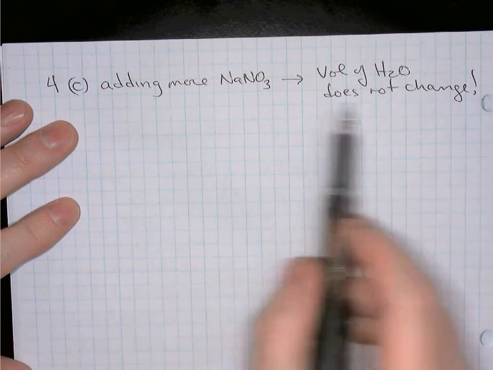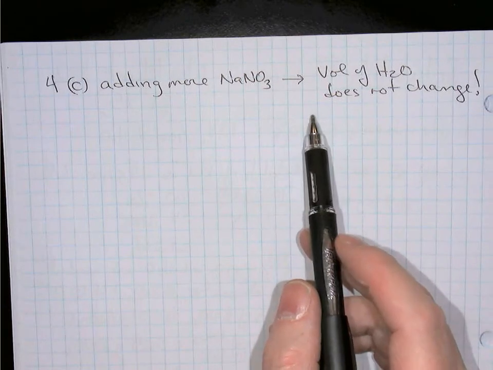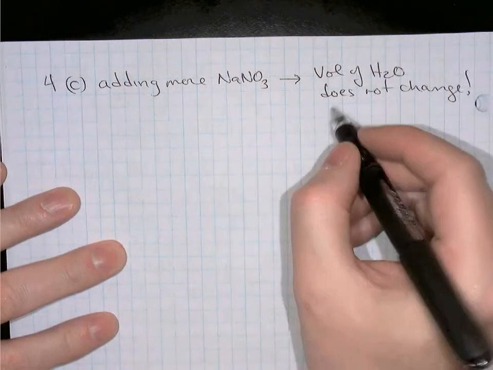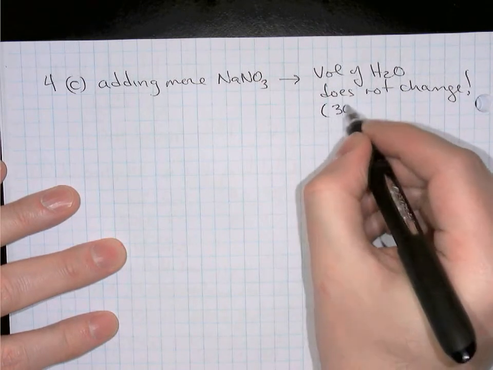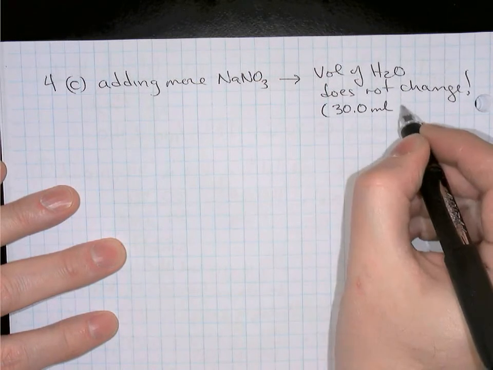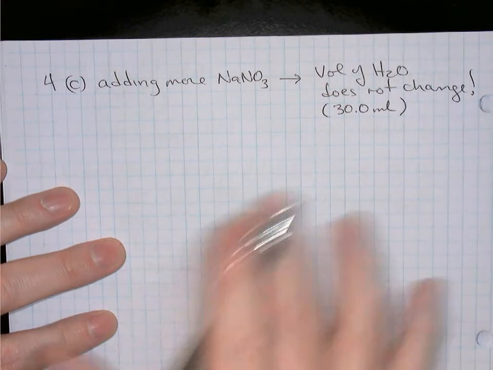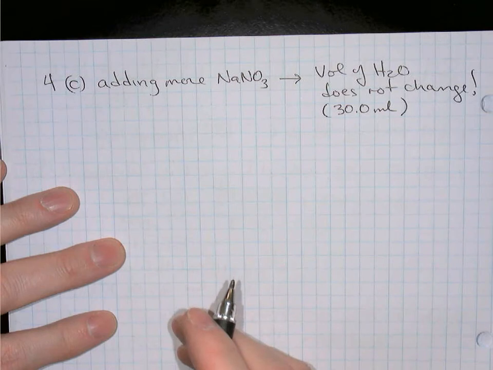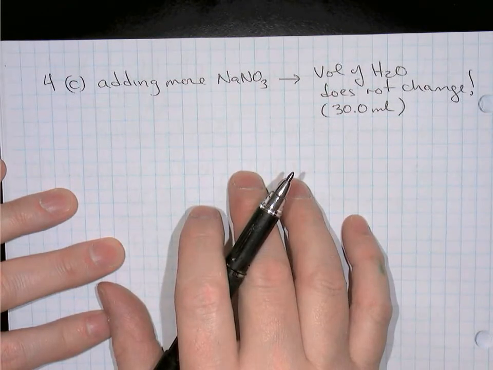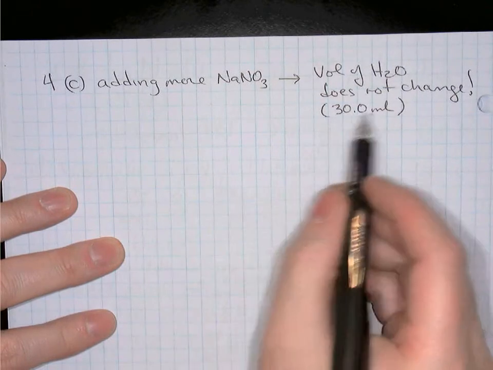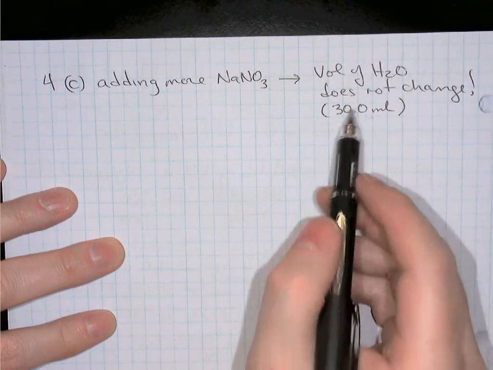But what I am claiming is that the amount of water, the volume of water in the solution, does not change. And if we remind ourselves at the start of this question, the student used 30.0 milliliters of water to make their solution. The reason I point that out is because I'm going to use a unit multiplier as the first part of my calculation, and I'm going to use that 30 mL as the starting point because it's not changing.